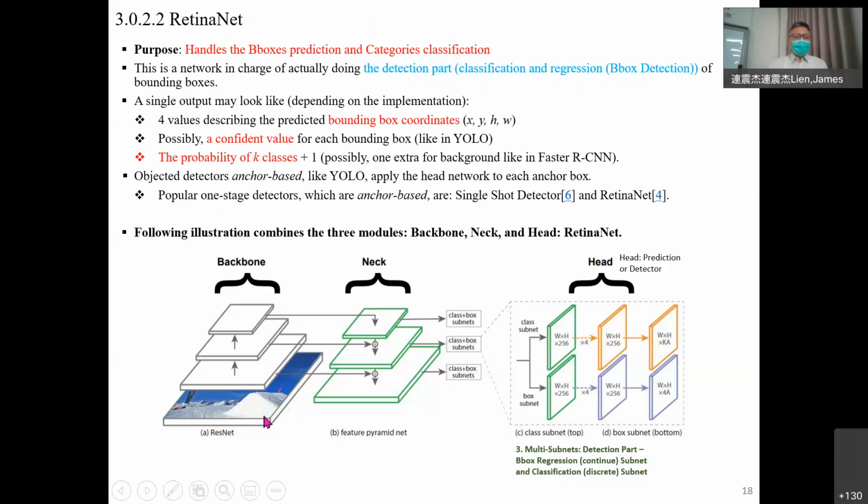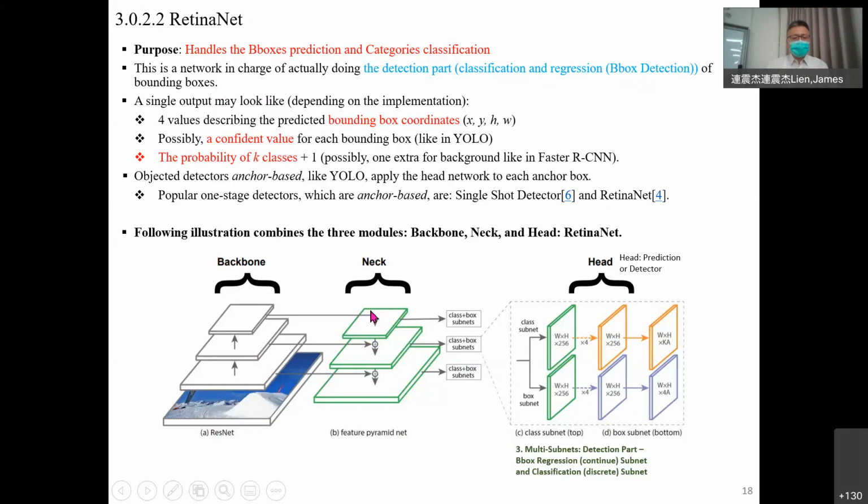And RetinaNet, see, there's RetinaNet. They have a downsampling, the backbone. They have an upsampling, called the feature pyramid network, FPN. They have a shortcut here.